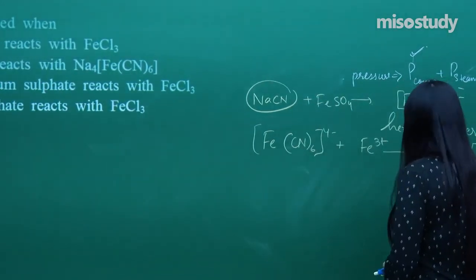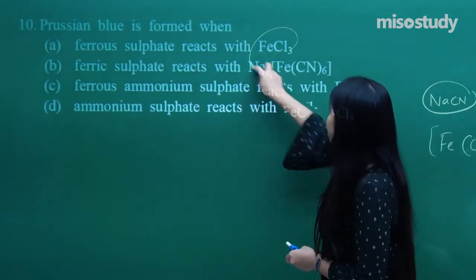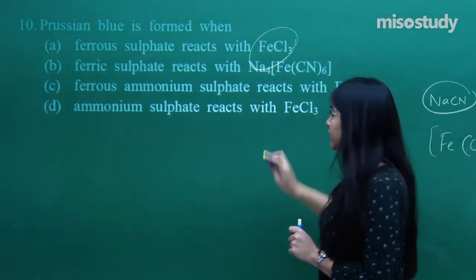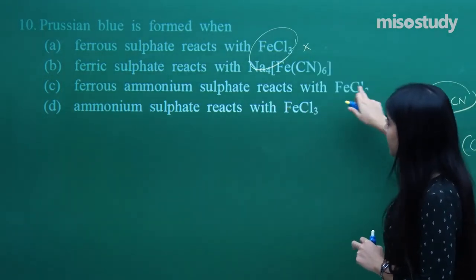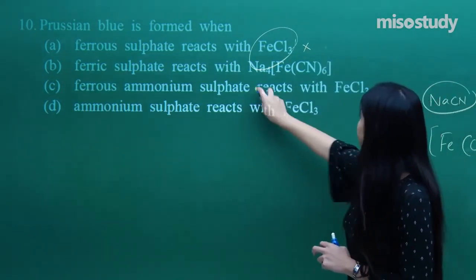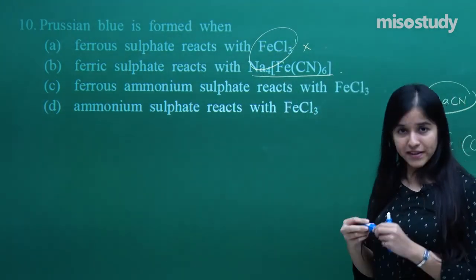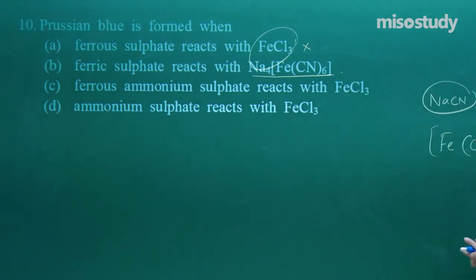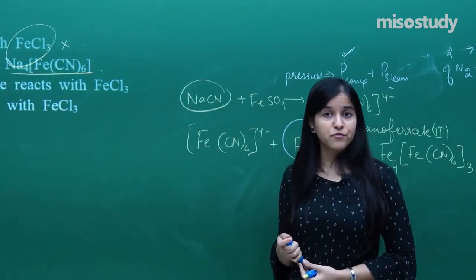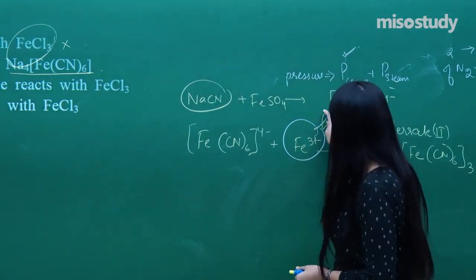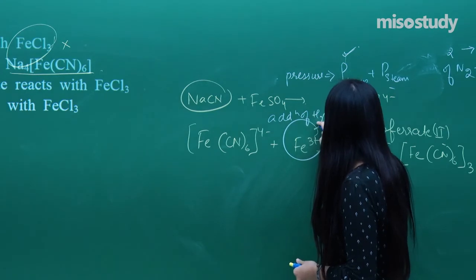Now let us correlate our answers. The first option says ferrous sulfate reacts with FeCl3. There is no point of FeCl3 first of all, so I am terminating this option. Next is ferric sulfate reacts with this particular compound. Is it so? Yes. Look here very carefully. Ferric ions have come from the ferric sulfate, which has been formed in the reaction mixture due to the addition of H2SO4.